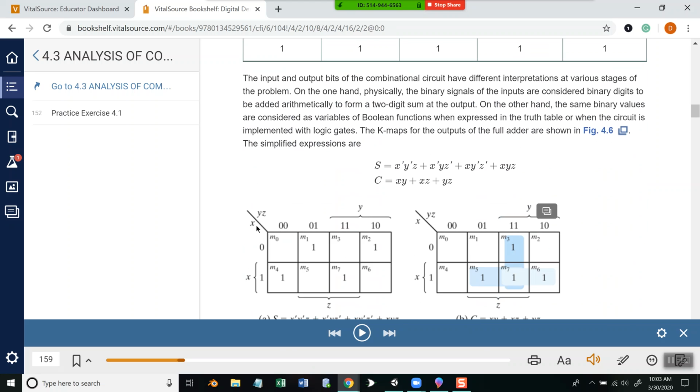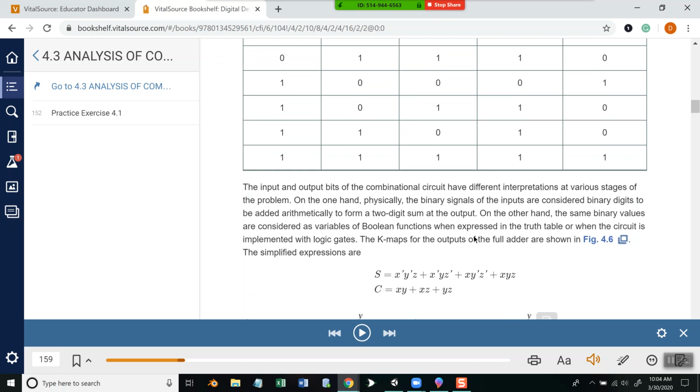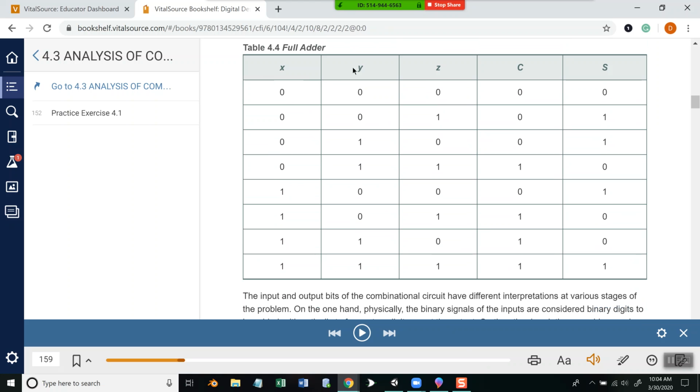You see the X, Y, and Z we got here. So what they do is they can map these, the X, Y, Z, and see what C and S gives you.